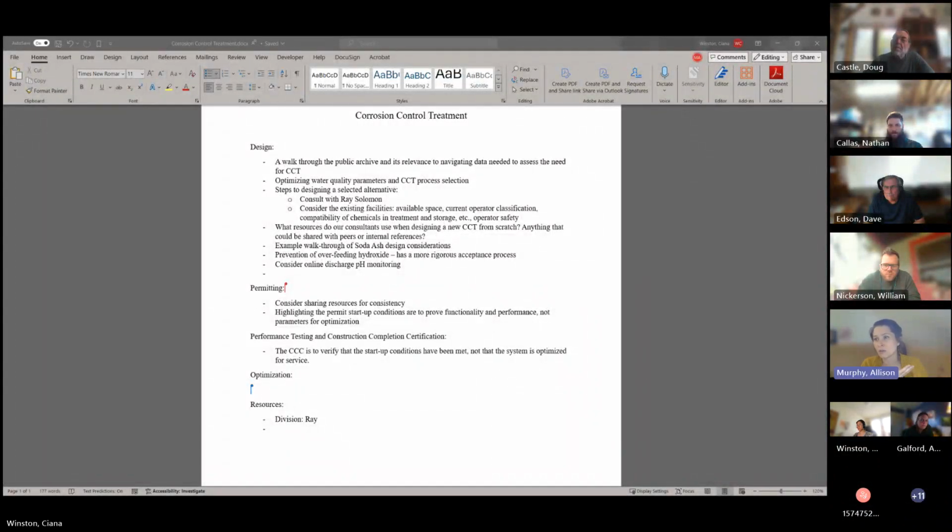Because, as Dave mentioned, whether the building is heated comes into play and affects both sodium hydroxide and soda ash. Soda ash can fall out of solution. You might be looking at the solubility of soda ash. The temperature is a big player in that, and how much mixing you need.